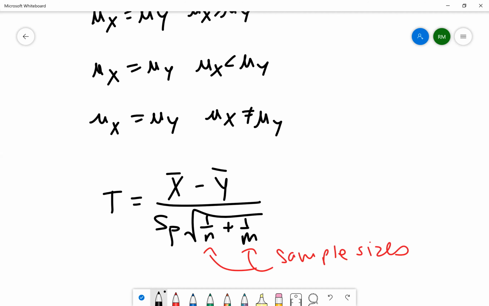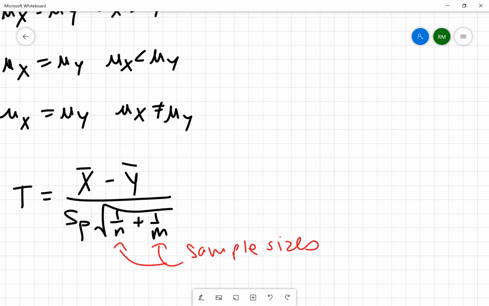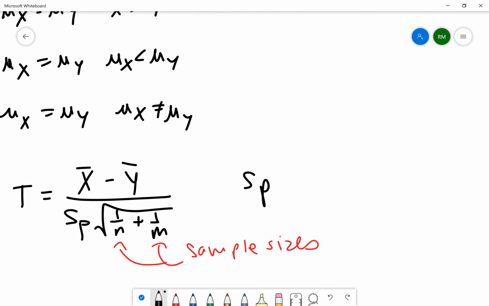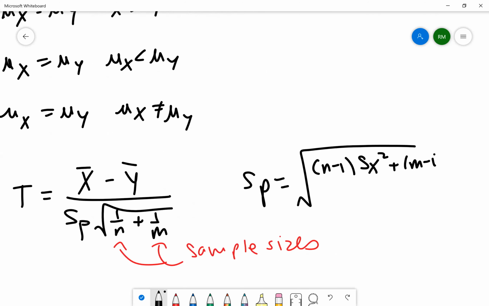And S_P has this lovely formula. It is the square root of (n minus 1) times s_x squared plus (m minus 1) times s_y squared, all over n plus m minus 2.